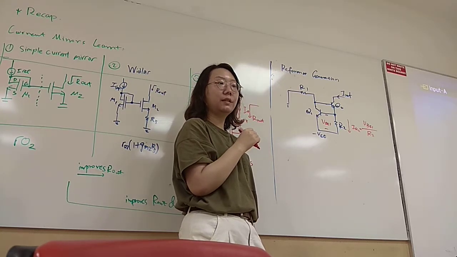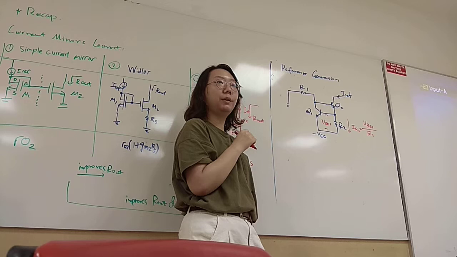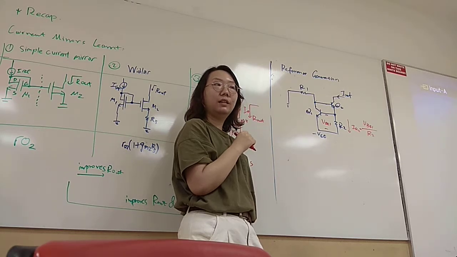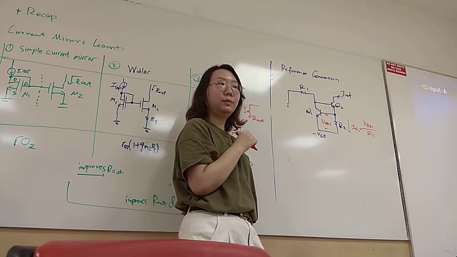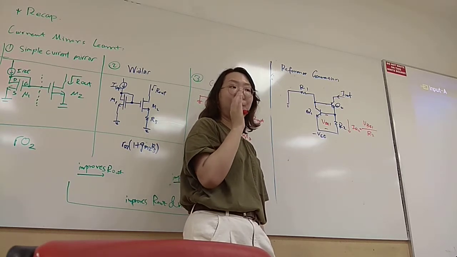If you still remember the assumption, if we are using BJT to build a current mirror, we can assume what? Unless you are calculating the exact expression for the current mirror ratio.